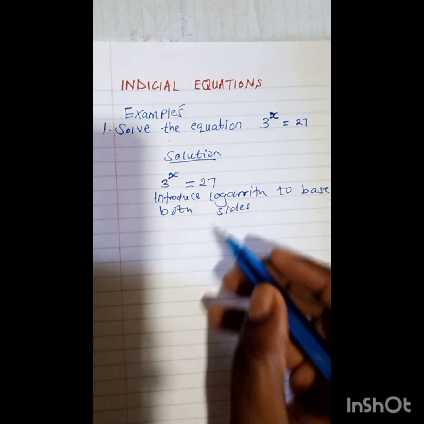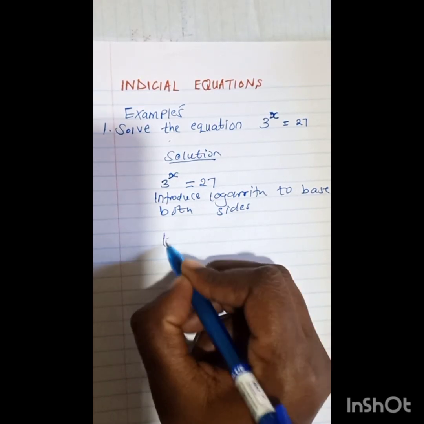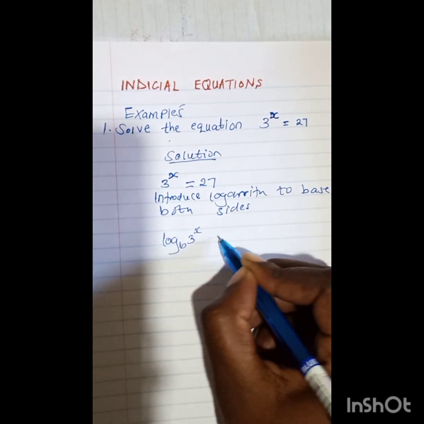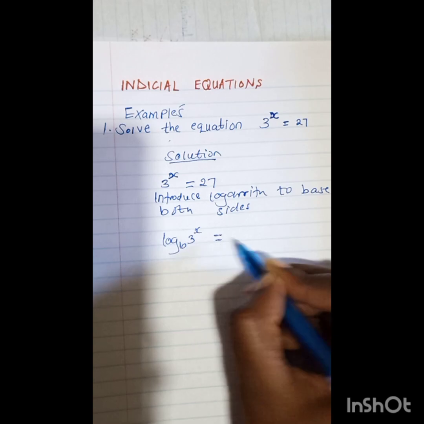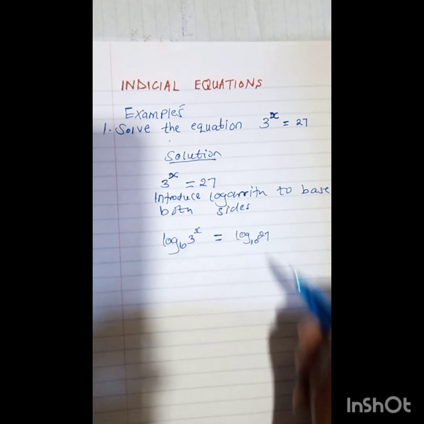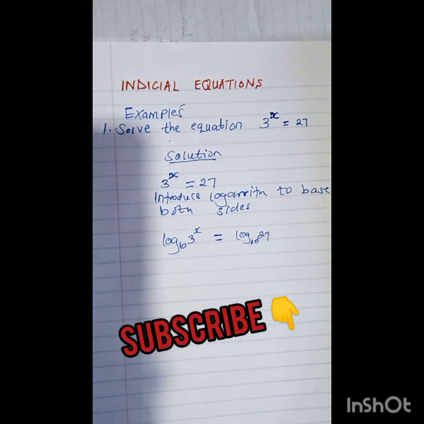So if I introduce logarithm both sides, I will have a logarithm of 3 raised power x to base 10 is equals to logarithm of 27 to base 10. So you can see I have introduced logarithm to base 10 both sides.